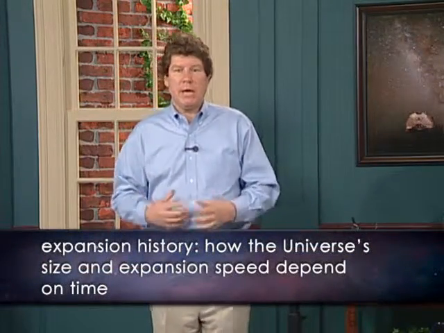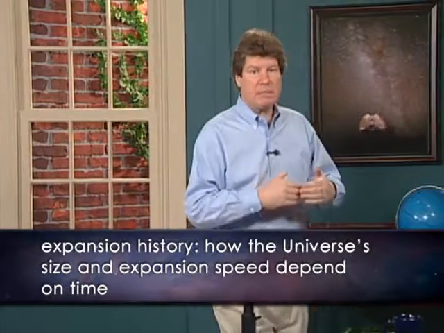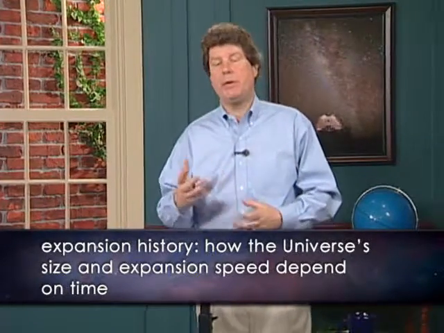Now, this transition from a universe dominated by radiation to a universe dominated by matter leads to a number of interesting things. But here, I'm going to use it to introduce the universe's expansion history, how the universe's size and expansion speed depend on time. See, as the universe expands, the gravity of all the matter and radiation pull back, causing the expansion to slow down.